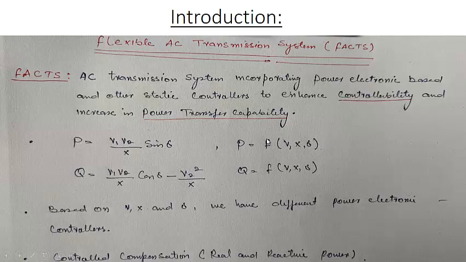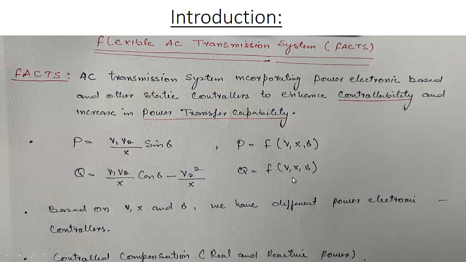In general, it is a function of all the three parameters, but the change of P with respect to delta is more as compared to V or X. Even if it changes very little with respect to voltage or X, it is still showing some change with respect to voltage and X.